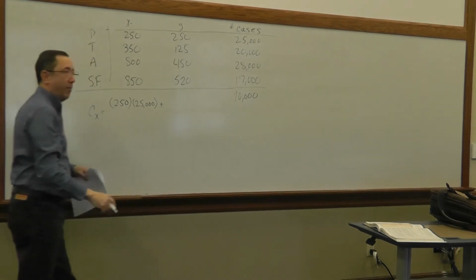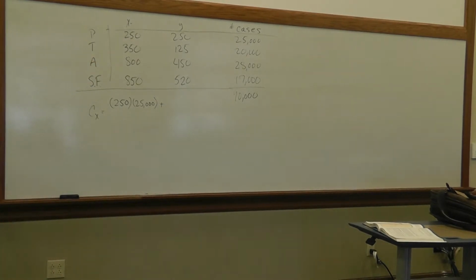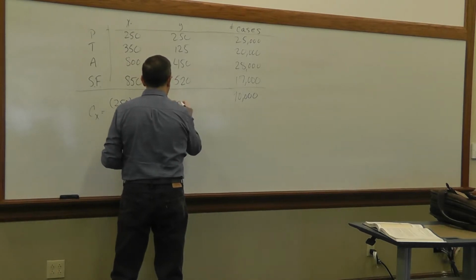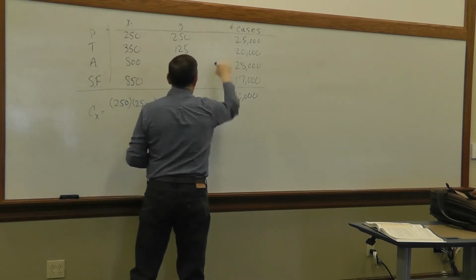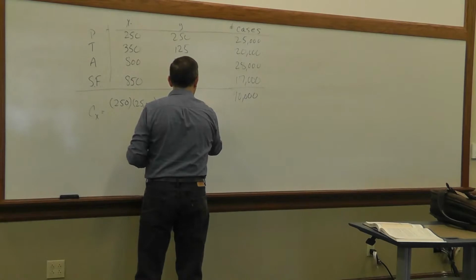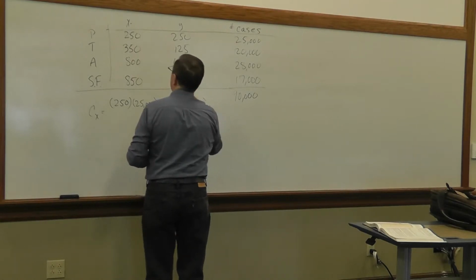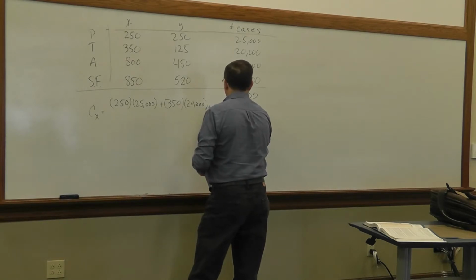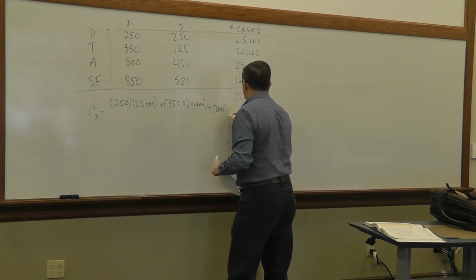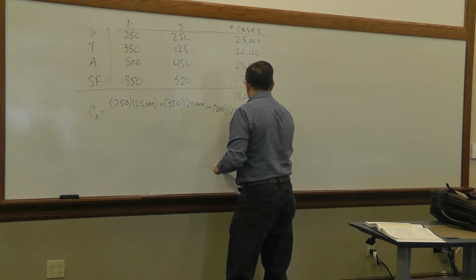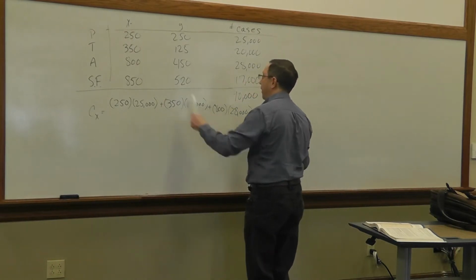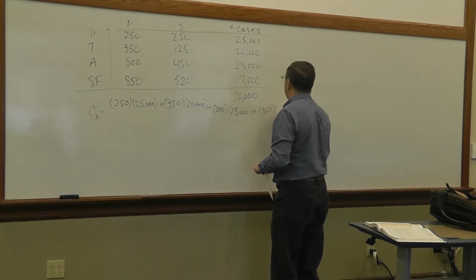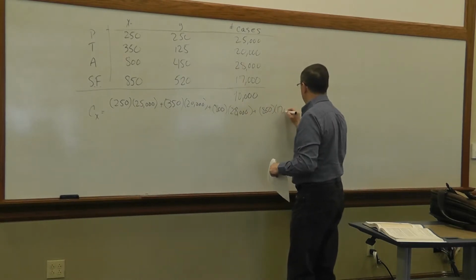We'll sum that up and do the same thing for all the rest. For Tucson, 350 is the existing x-coordinate, weighted by the 20,000 cases that are going to ship there. For Albuquerque, 800 is the x-coordinate times 28,000 cases. And finally for Santa Fe, 850 is its x-coordinate times 17,000 cases.